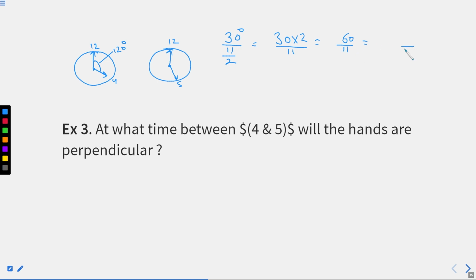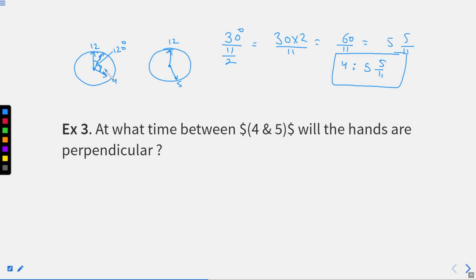It means 5 and 5/11 minutes. At what time? 4 hours 5 and 5/11 minutes. This is going to be the first answer. It means it will appear somewhere around here, so it will form the first 90 degree.